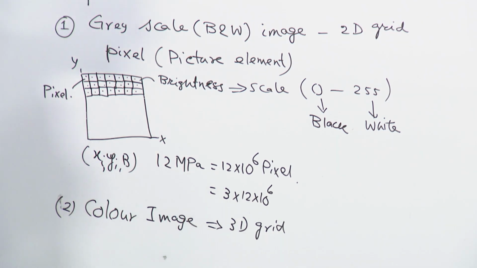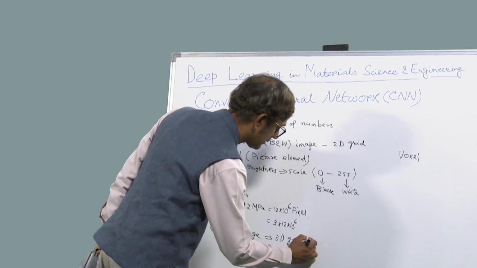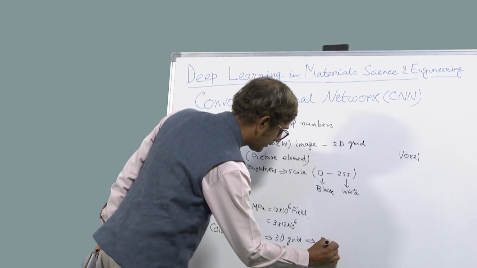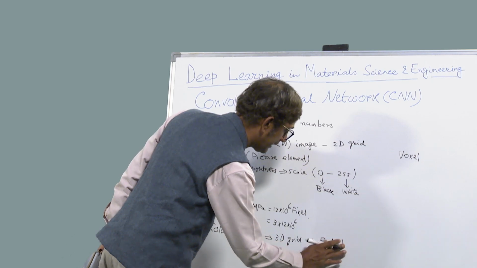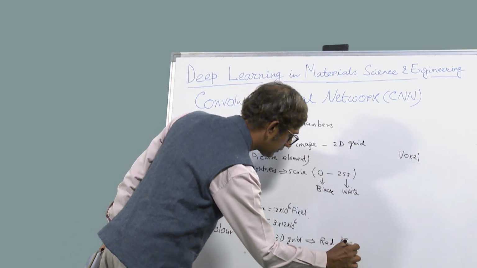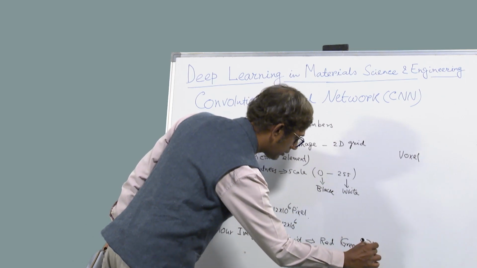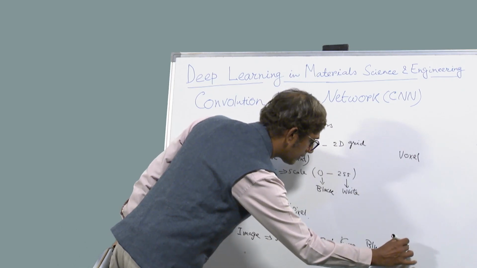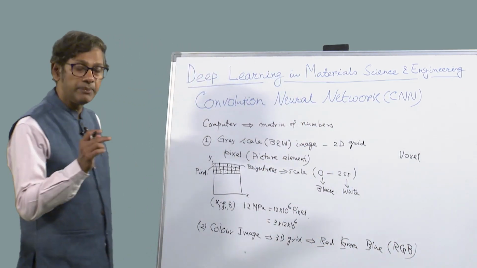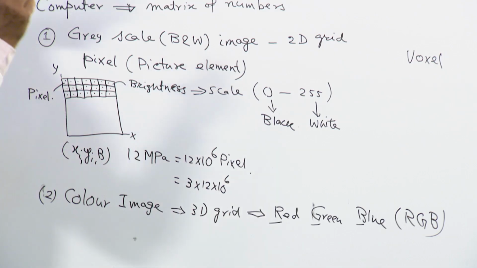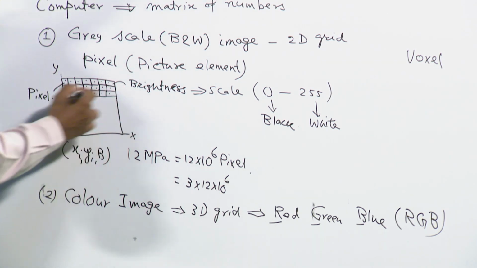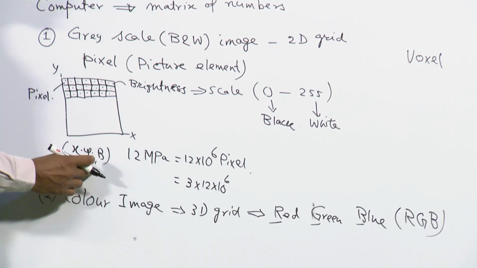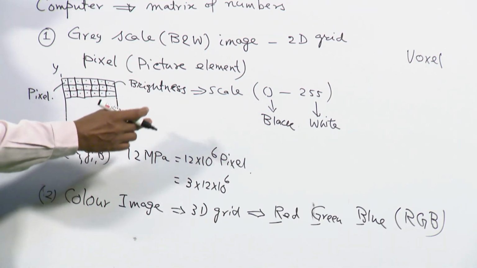For a color image, we use 3 basic colors: red, green and blue. We call it RGB. So, for every element we must have the intensity of red, intensity of green, and intensity of blue. Other than x and y, you have to have an RGB scale.